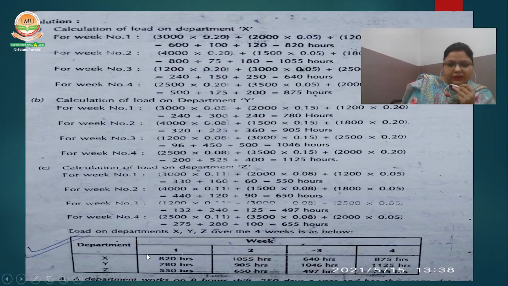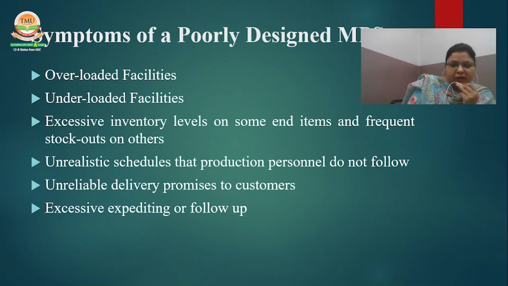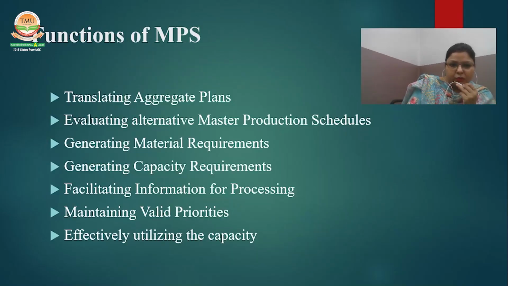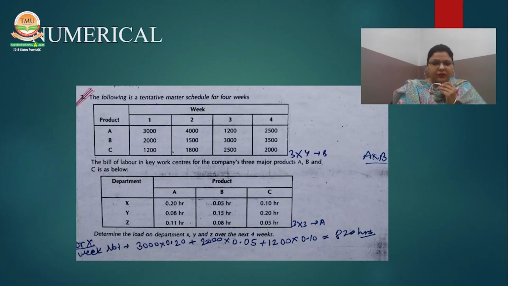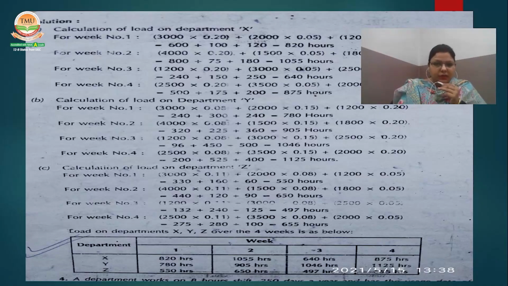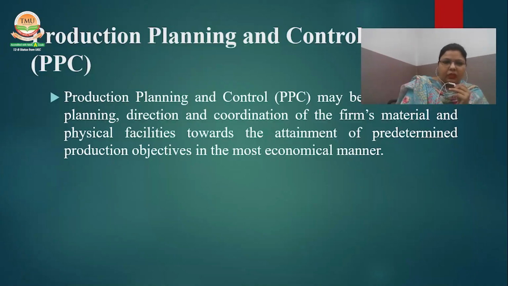So X department will take 820 hours in week 1, 1055 hours in the second week, 640 hours in the third week, and 875 hours in the fourth week, the same as for Y department and Z department. So this is the way through which we can find out whether the overall master production schedule is working efficiently or not, and how much time has been taken by a company for production processes.